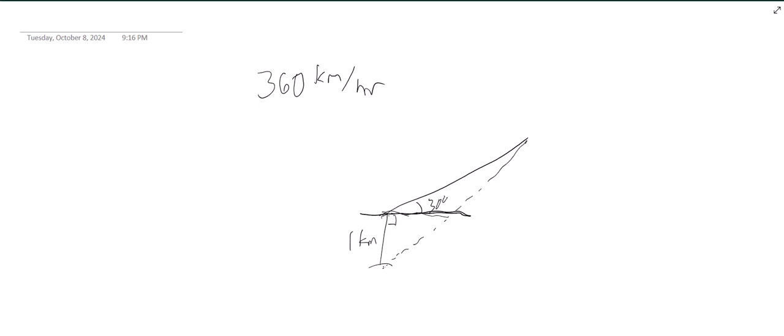Then this is 90 degrees, so this whole angle there is 90 plus 30, or 120 degrees. And we know that it is moving at 360 kilometers per hour. And what we're trying to find is at what rate is the distance changing, so we're trying to find the rate of change of the distance.